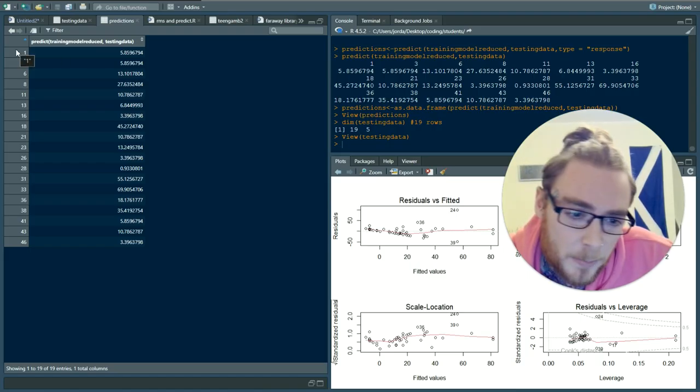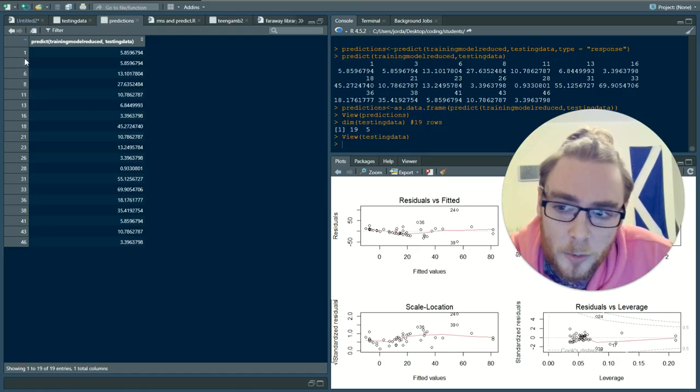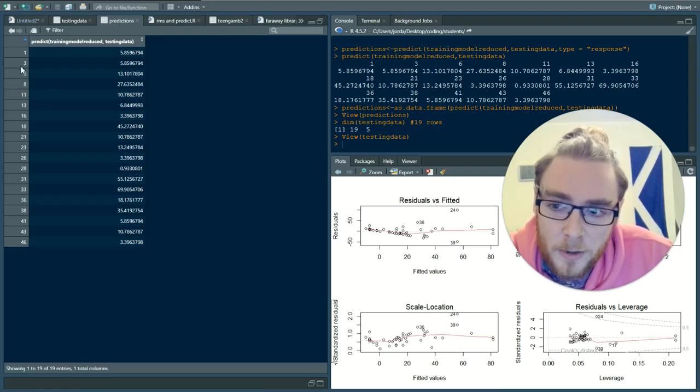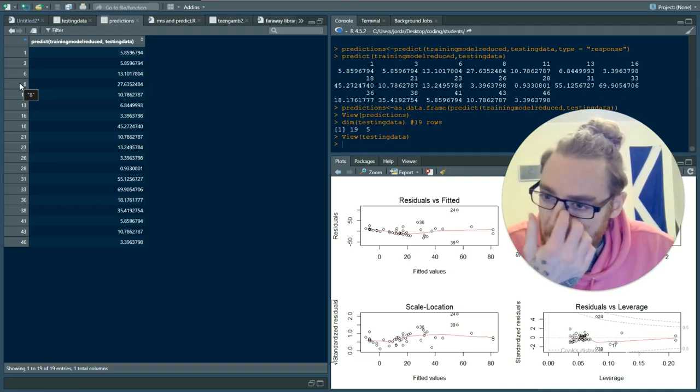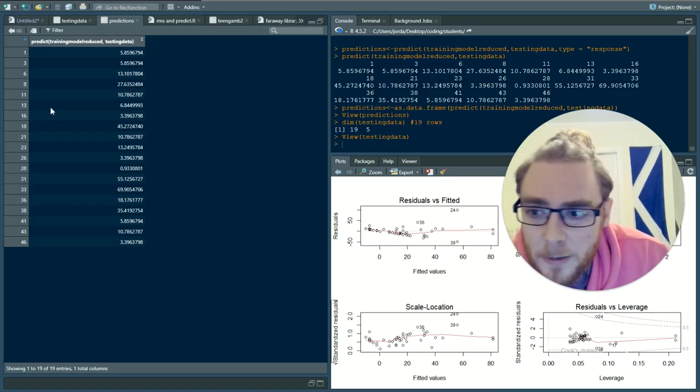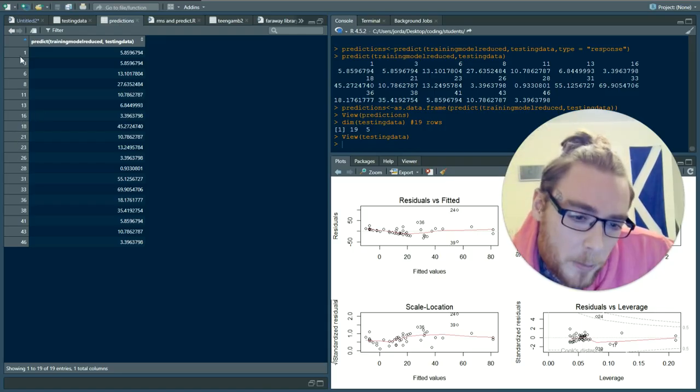It's nice because you've got the row numbers shown there, and this was a random split. So 1, 3, 6, 8 from the original teengamb 2 are shown here in the testing, meaning that the other numbers that aren't shown here are only in the training. So it's what you call a random split.